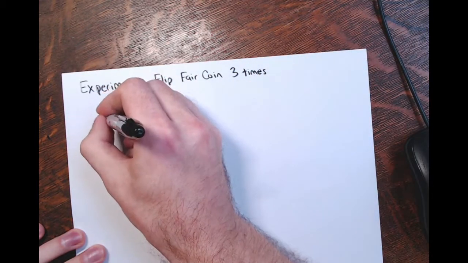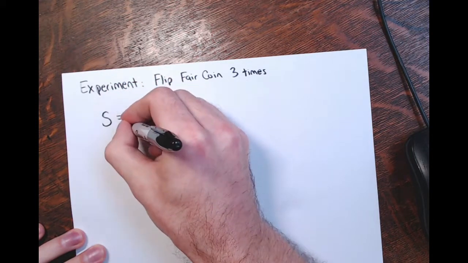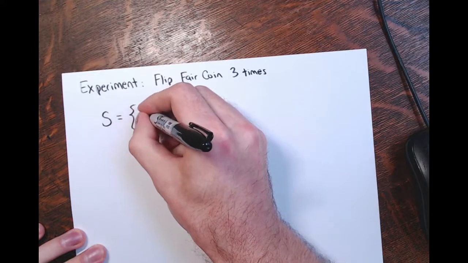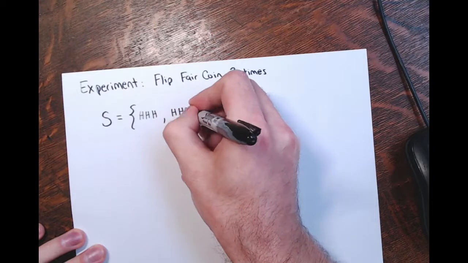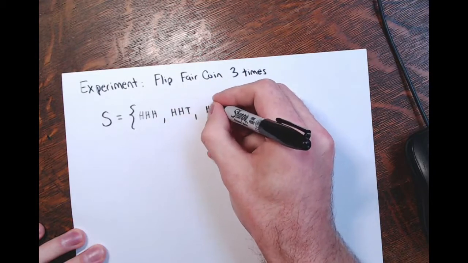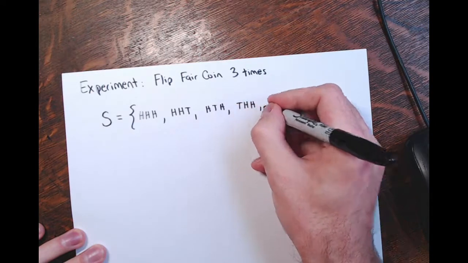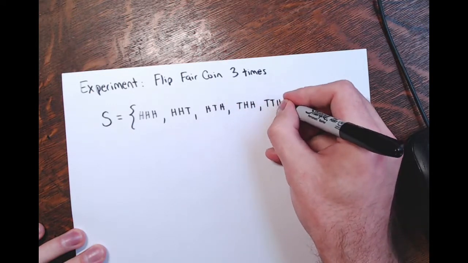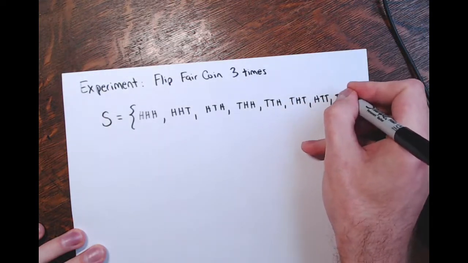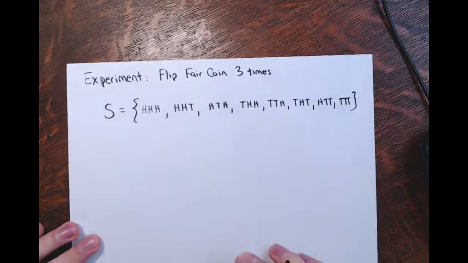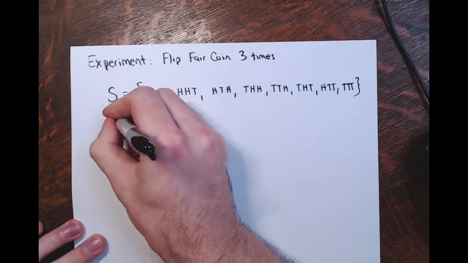So here's S. Now you can get heads, heads, heads; heads, heads, tails; heads, tails, heads; heads, tails, tails; tails, heads, heads; tails, heads, tails; tails, tails, heads; and finally tails, tails, tails. Now I didn't need to do all that. The size of S is clearly 8.